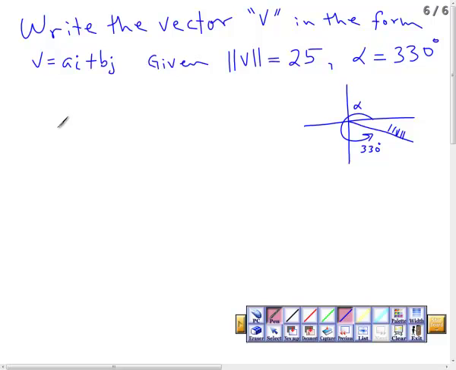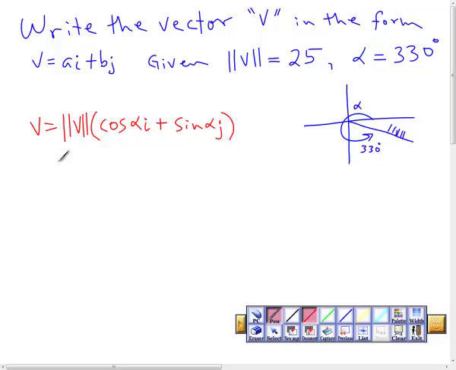So it helps to write the formula out first. So here's our vector V, and we have our magnitude, parentheses, cosine is always with I, so it's cosine alpha I plus sine alpha J, and we know that our magnitude is 25.